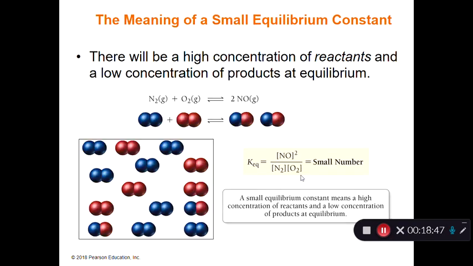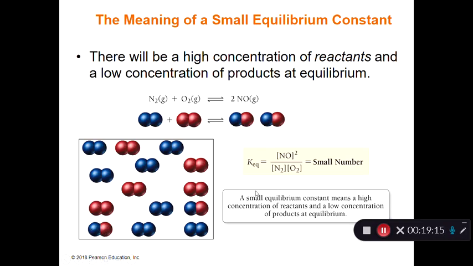If we have a case like this one, let's look here: nitrogen, oxygen, nitrogen monoxide. Blue means nitrogen, red means oxygen, blue-red means nitrogen monoxide. As you see here, if you compare the molecules, we have a few products.